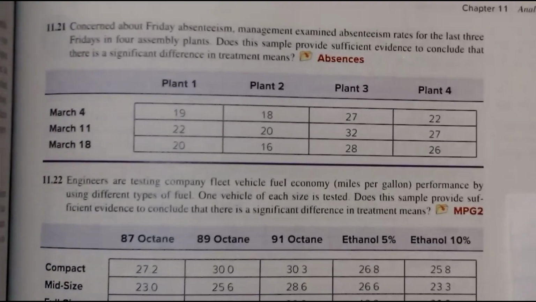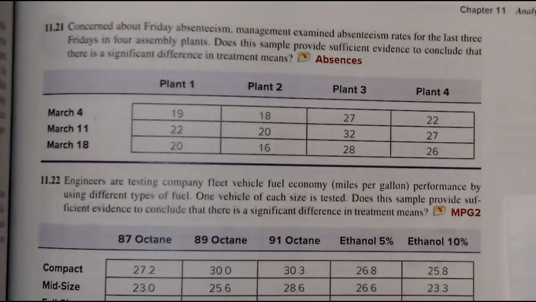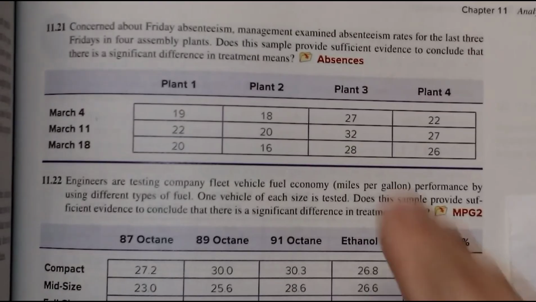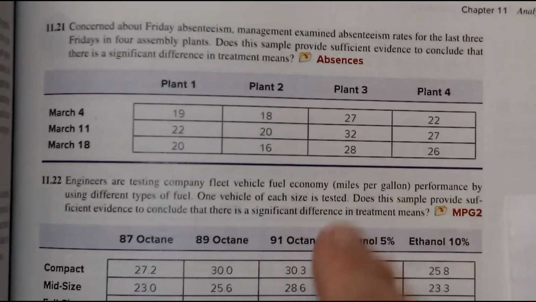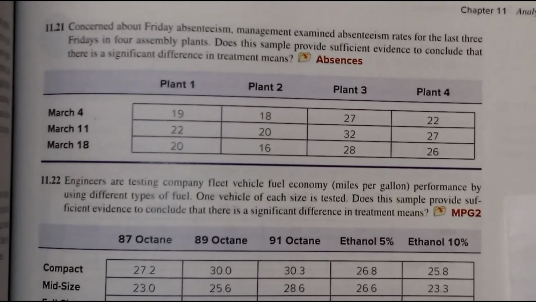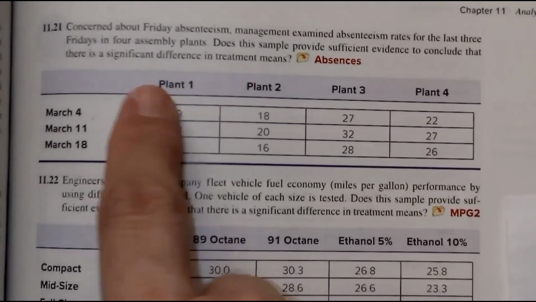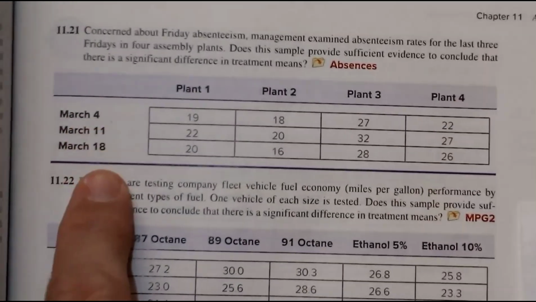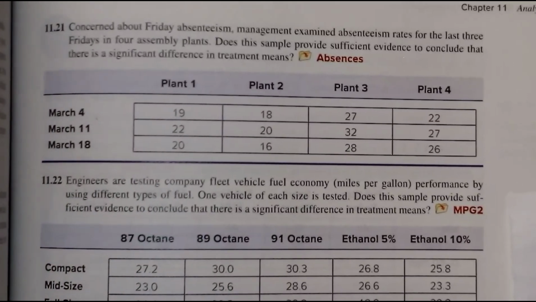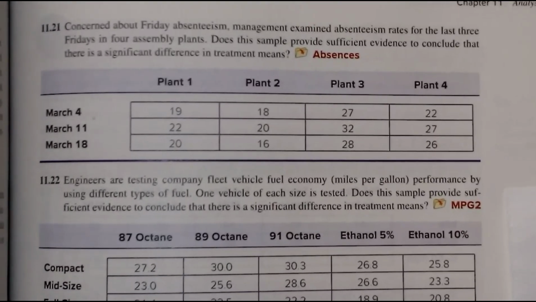If I was really only concerned about one of these things, then somewhere in here, I'd have to say something about a randomized model. Since they didn't actually say that here, I'm going to assume they want both to know about row effect and column effect. So I've got 12 different measurements. How many people were absent from each of the 4 plants on March 4th, 11th, and 18th? Is there a difference in absenteeism based on where we are or based on which weekend it was?